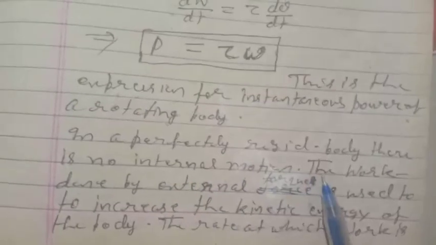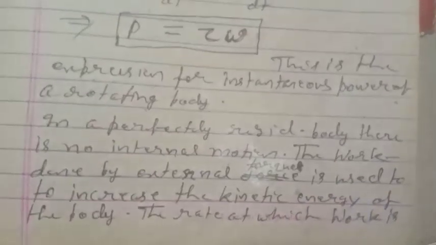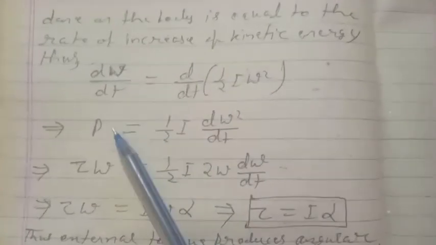In a perfectly rigid body, there is no internal motion. The work done by external torque is used to increase the kinetic energy of the body. The rate at which work is done on the body is equal to the rate of increase of kinetic energy. Thus dW by dt equals d by dt of the rotational kinetic energy, which is given by 1 by 2 I omega squared.